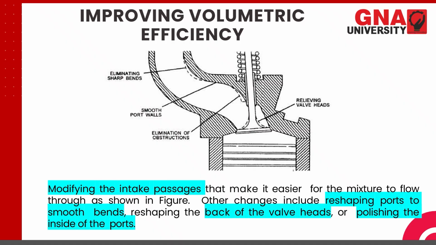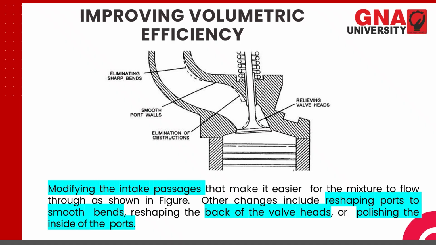So hence you can modify the intake passage to make it easier for the mixture to flow. Other changes include reshaping ports to smooth bends. So you have this port, and you have a smooth bend here. Then reshaping the valve heads, you can see this. The dotted line is representing the initial construction of the valve.